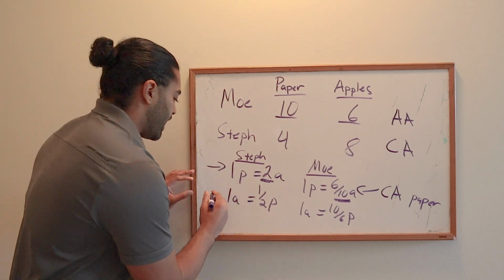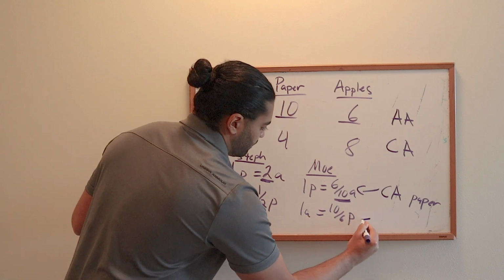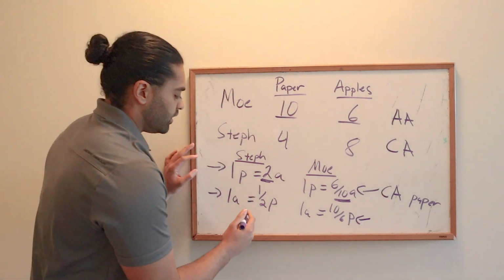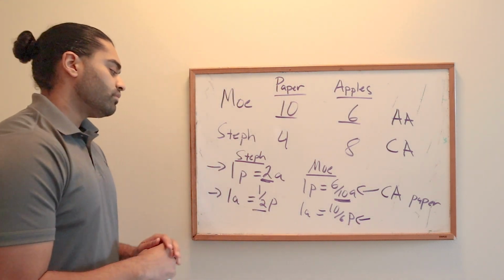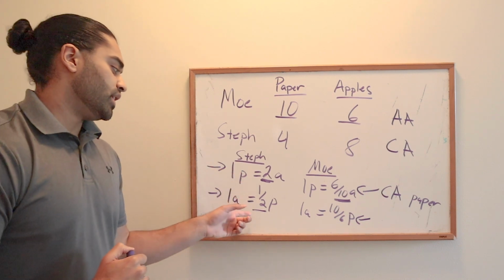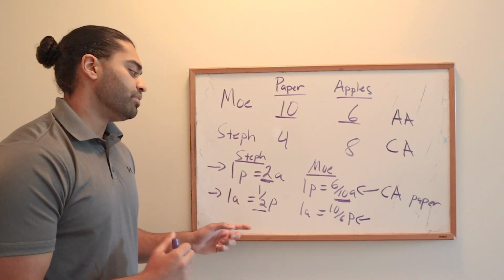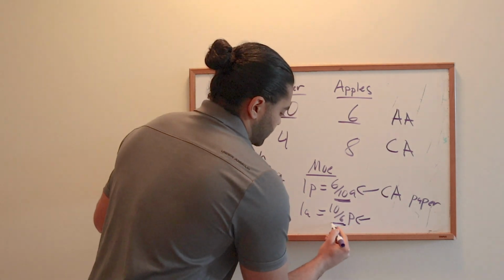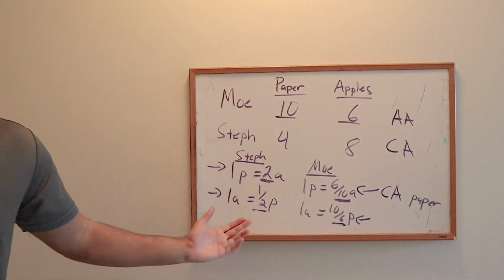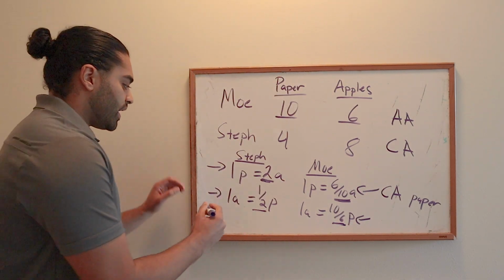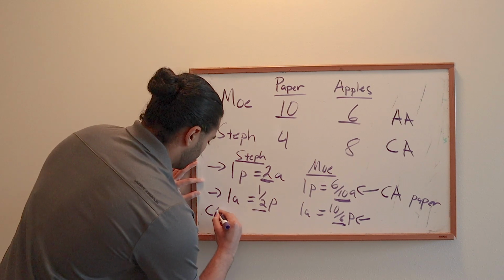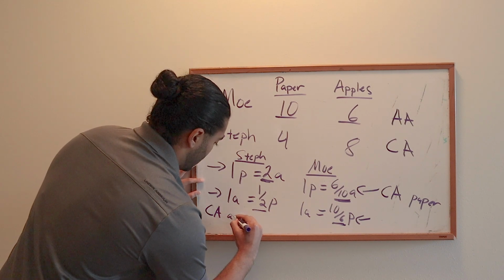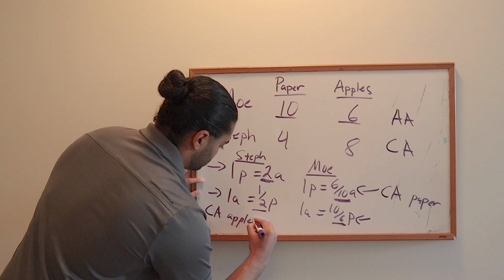Now, we're going to look at apples. Who is more efficient at producing apples? Here, Steph gives up half a paper to produce an apple. For Mo, she gives up 10/6, which is greater than 1/2. So in this case, Steph has a comparative advantage in producing apples.